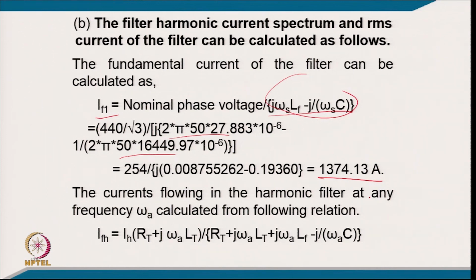So, the current flowing into the harmonic filter at any other frequency can be calculated from the current going into the filter, that is the total harmonic current, multiplied by the source impedance and filter impedance divided by the total impedance, and that gives your harmonics in the filter.